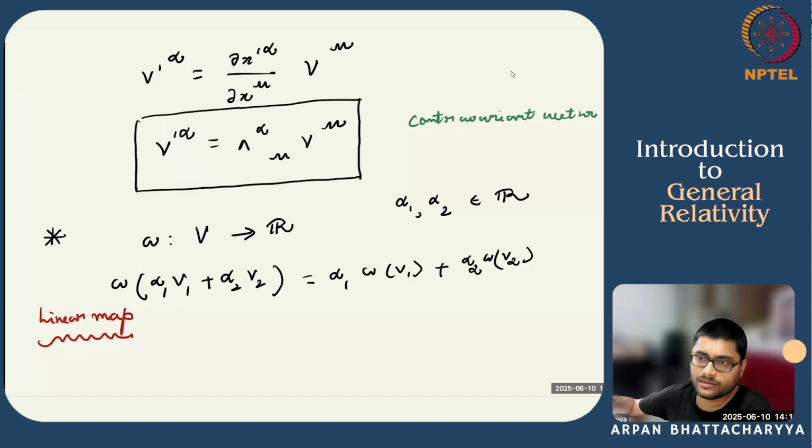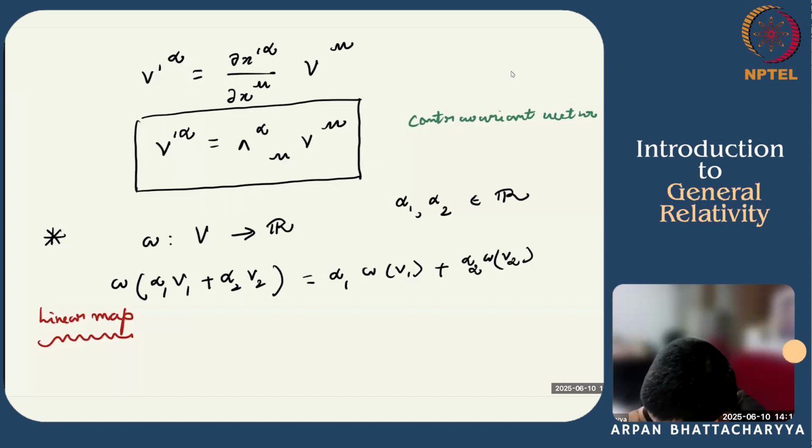And if you are considering the vector as a tangent space, then this dual space will be the cotangent space, and this omega will be an element of that cotangent space or the dual space.